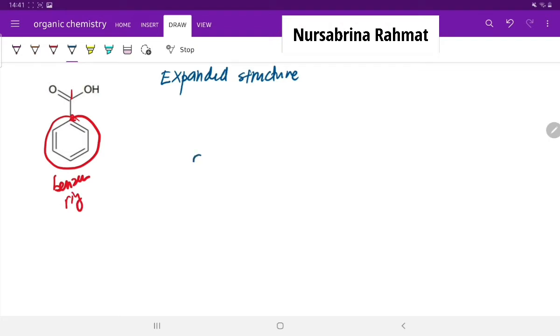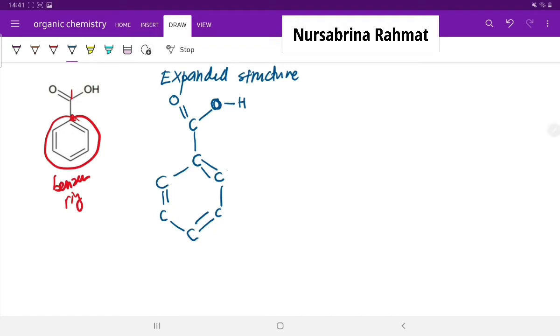Your benzene ring is made up of 6 carbons, with double bonds here. And then at this carbon on the top we have another C which is attached to C double bond OH. Show all the bonds that are present, including separating O and H by a bond.